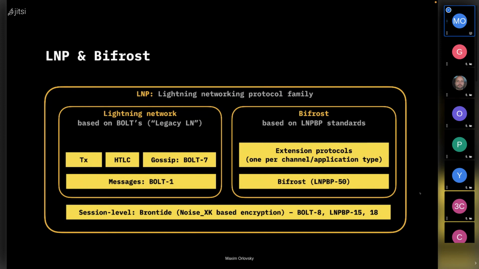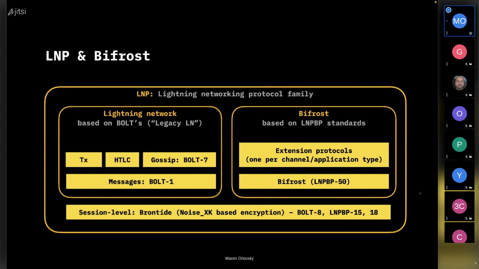It's called Bolt 1. And on top of that, there are a number of different protocols: how the payment channel transactions should be structured and handled, how HTLC payments should propagate, and how the network topology has to be monitored with the gossip and routing protocols described as Bolt 7. Unlike this, Bifrost has a slightly different structure. It replaces Bolt 1 for messages with a new standard called LNPBP 50.